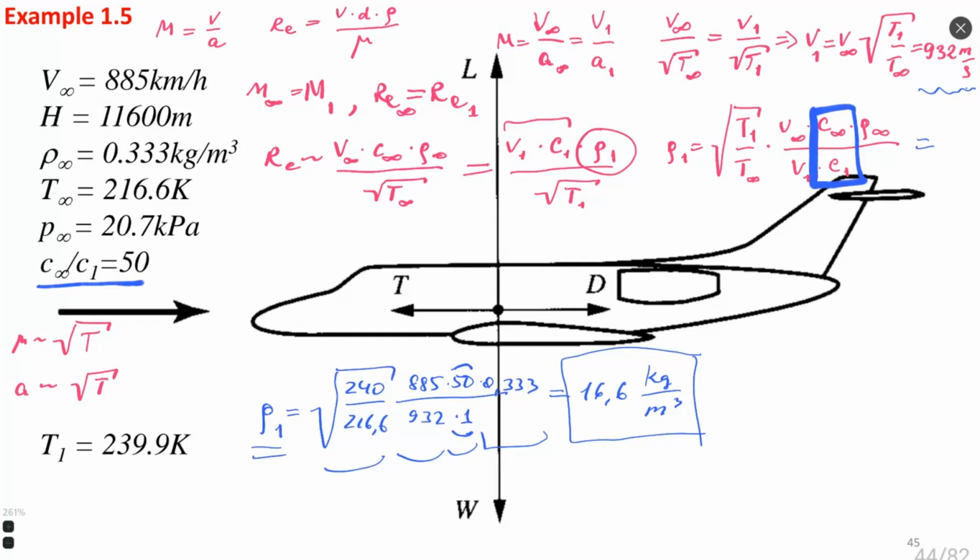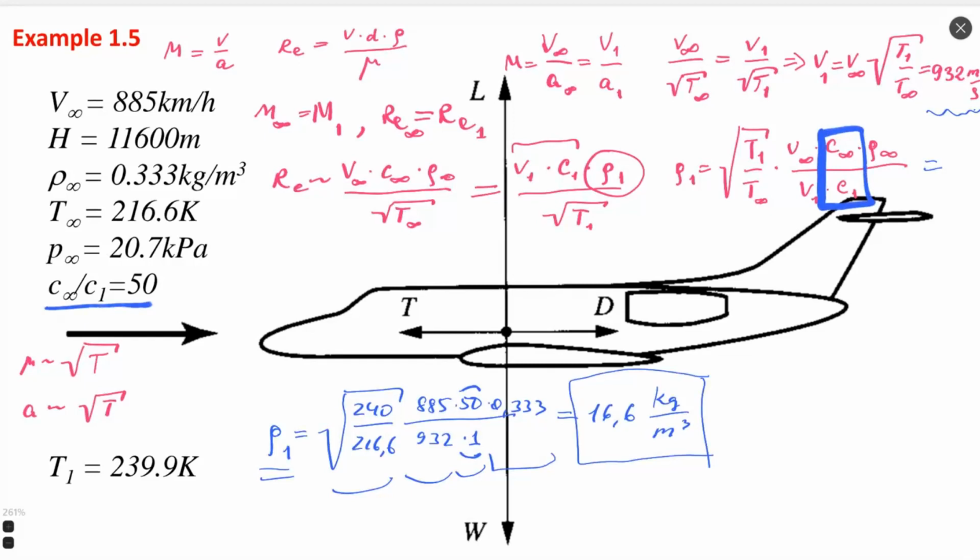As a result, we must have a wind tunnel that allows us to control not just velocity in its test section, but also to control density in this test section in a big range. 16.6 is more than 10 times bigger than our normal ambient density of air. So we need to significantly increase pressure in the test section.